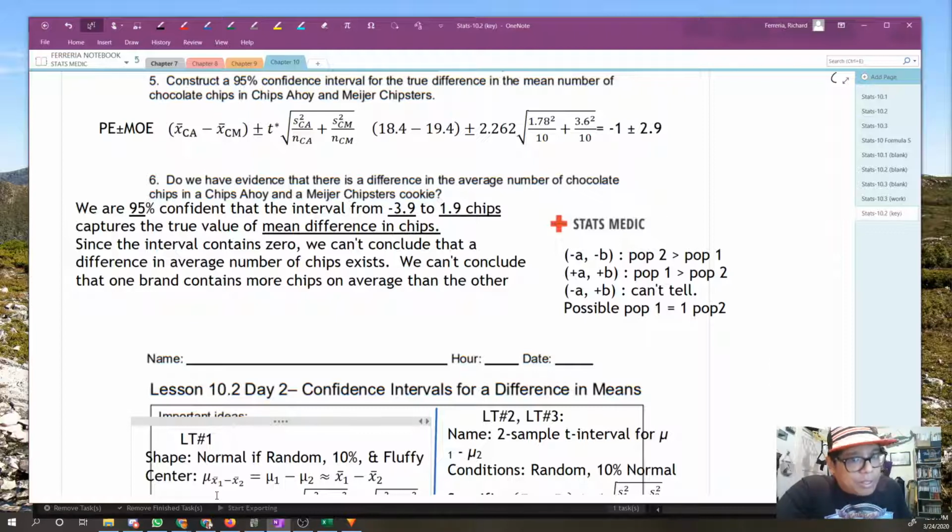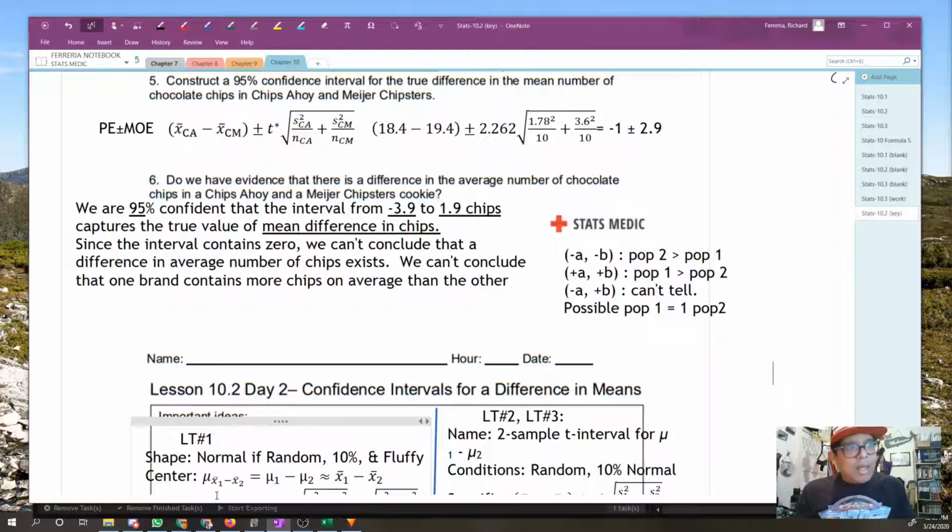But if the interval is like our interval, where the lower bound is negative and the upper bound is positive, we can't tell. Maybe pop 1 is greater than pop 2. Maybe the parameter from population 2 is greater than the parameter from population 1. And maybe, just maybe, the two parameters are equal to each other. So we don't know. Possibly they have the same number of chips.